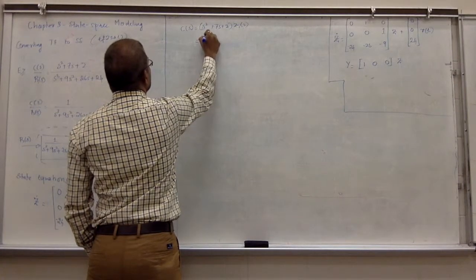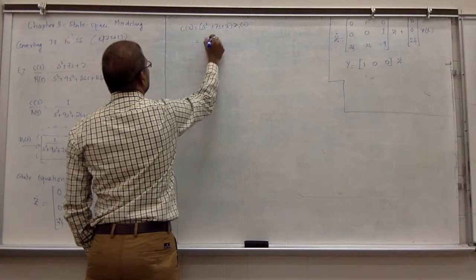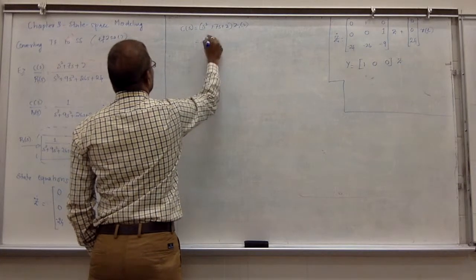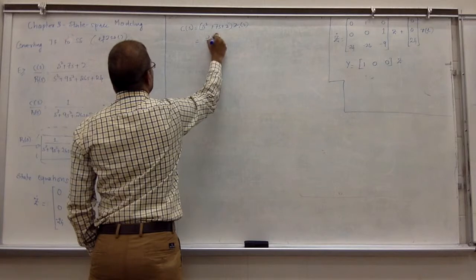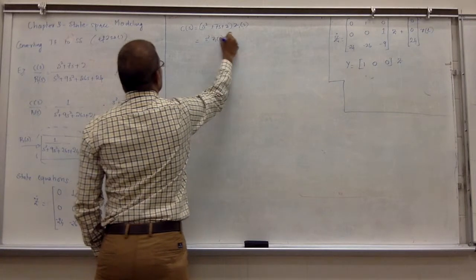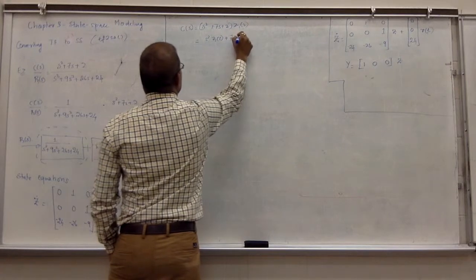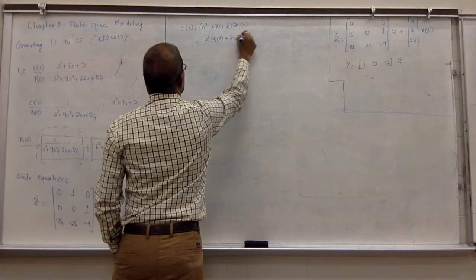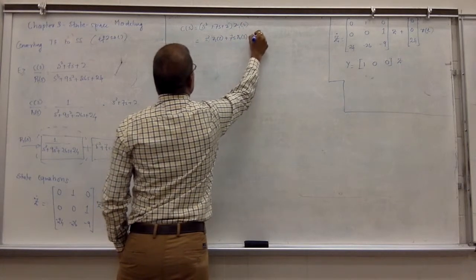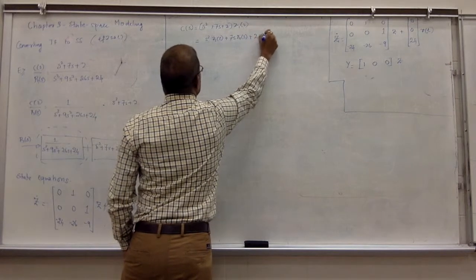S square into Z1 of S plus 7S into Z1 of S plus 2.